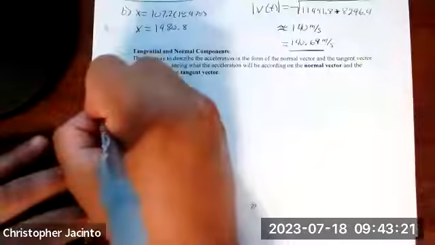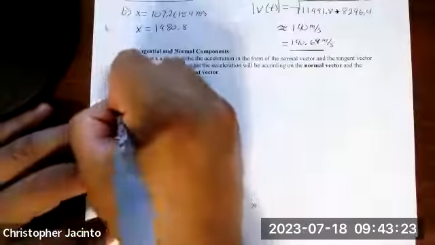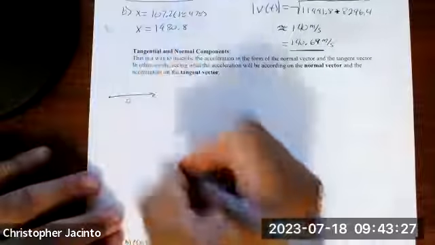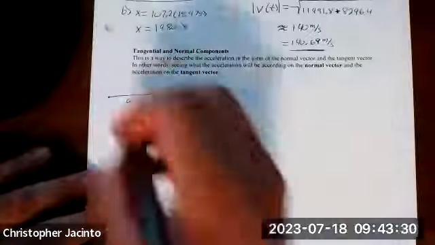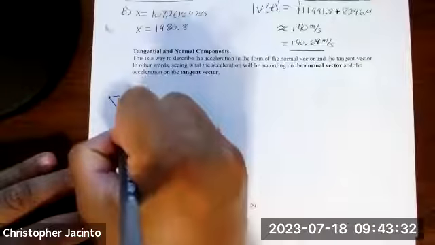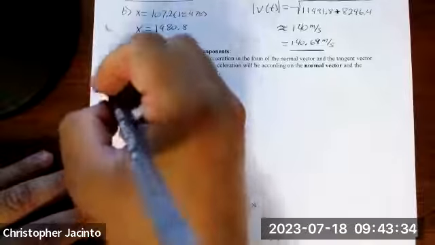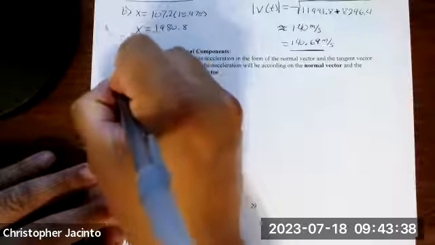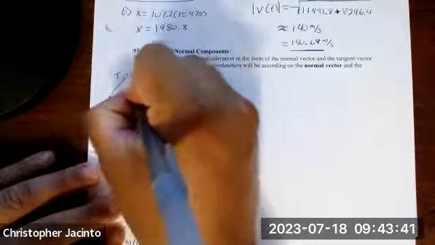Essentially what's happening is if I have some acceleration vector here, this is my a vector. So therefore my normal vector is going this way, and my tangent vector is doing this. Let's say this is the curve itself we're dealing with.